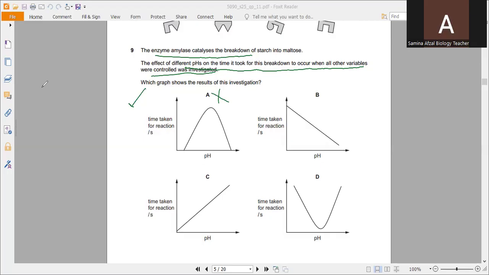Then graph B, you can see this is a curve, time is decreasing as the pH is increasing. Again, this is not the correct option.